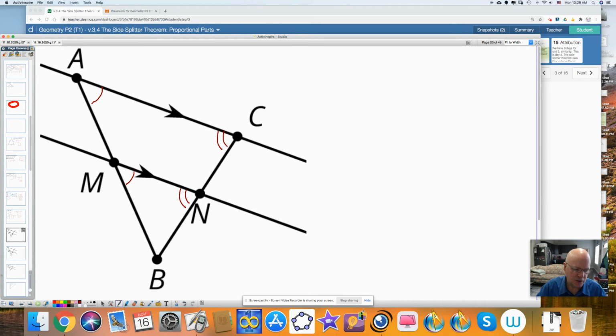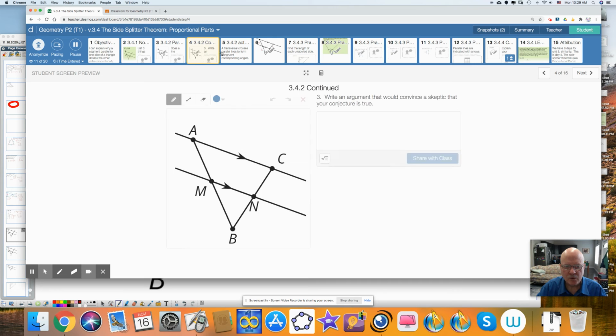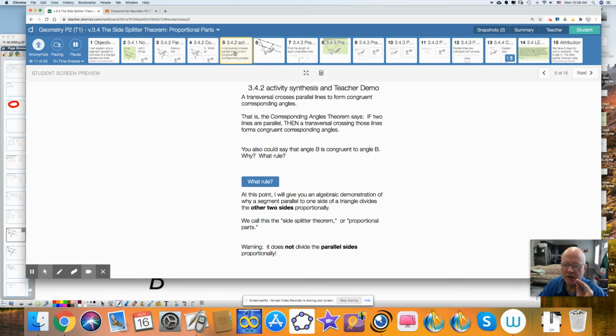That's my reasoning. Now you were also asked to explain, let's see in the next part of this, here we have a transversal crosses parallel lines to form congruent corresponding angles. So the corresponding angles theorem says, if two lines are parallel, then the corresponding angles are congruent.